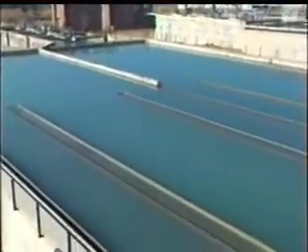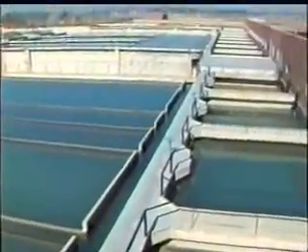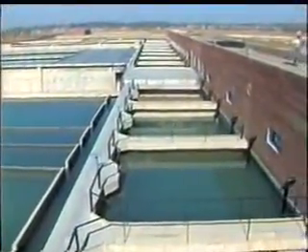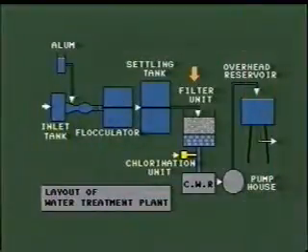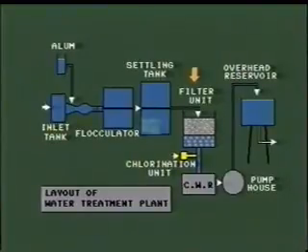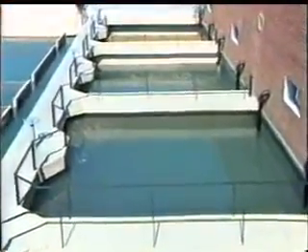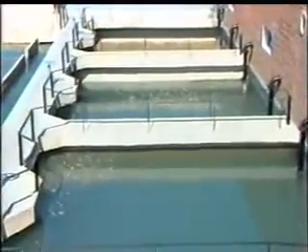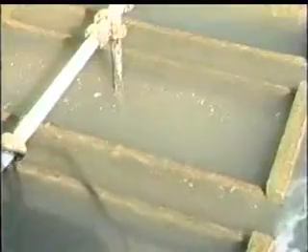The clear water from the settling tank then passes on to the filtration unit. In cities of moderate size, rapid sand filters are commonly used. Here, each filter tank has two rapid sand filter units, each of which can act independently.